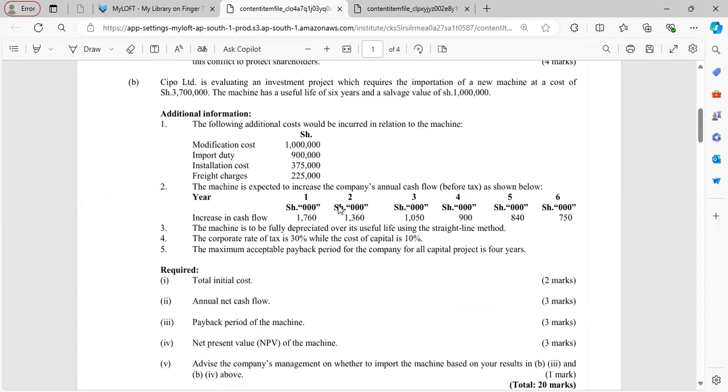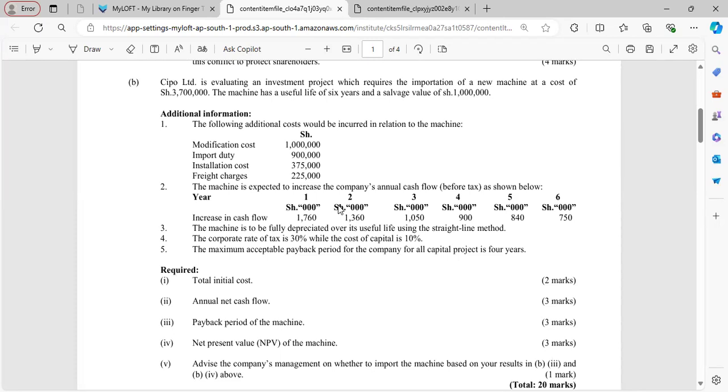SIPO Limited is evaluating an investment project which requires the importation of a new machine at a cost of 3.7 million. The machine has a useful life of 6 years and a salvage value of 1 million.